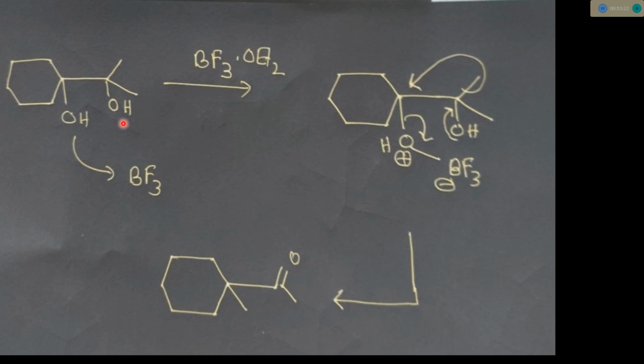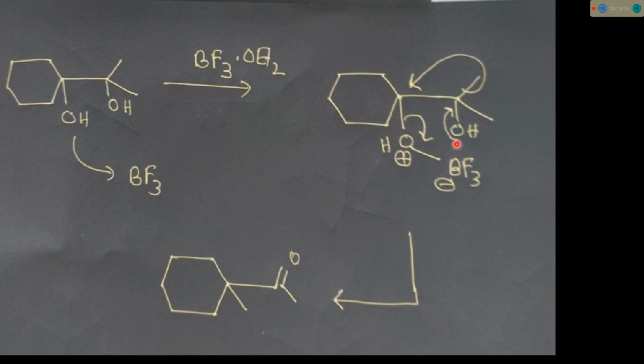That's why this lone pair is somewhat less available than this lone pair. Here the adjacent hydrogens are in a ring conformation, so the lone pair of this OH is somewhat more available than the lone pair of this oxygen. So that's why this lone pair of oxygen attacks BF3 to form the Lewis adduct.